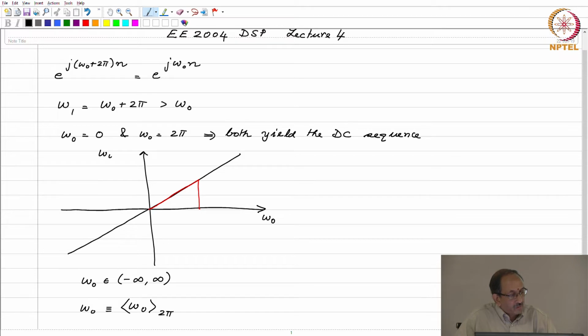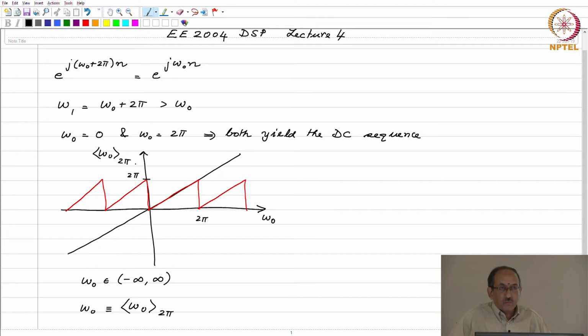This is the behavior of the modulus function with respect to 2 pi. And the moment you take mod, it's clear that you need to consider values of omega naught only between 0 and 2 pi, because any value outside this interval can be mapped to within this range.